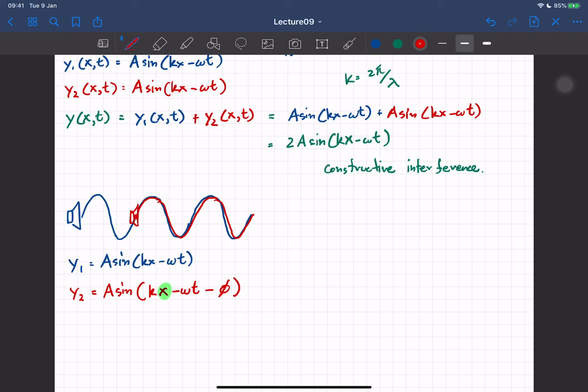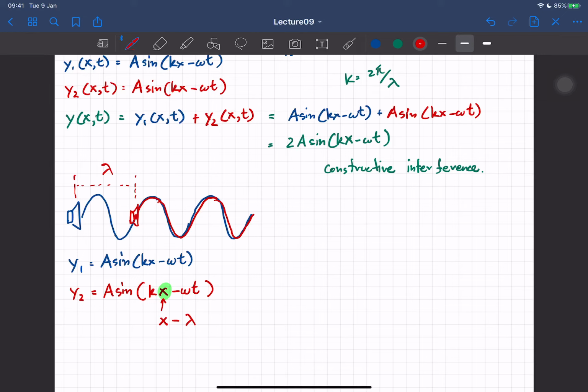So instead of writing minus phi there, I can just hide the minus phi into x here and write x minus the distance that I shift the graph. And in this case, I chose to shift the red one from the original position by exactly lambda. So what I put in for x here is x minus lambda, because I shift the whole graph by lambda to the right.